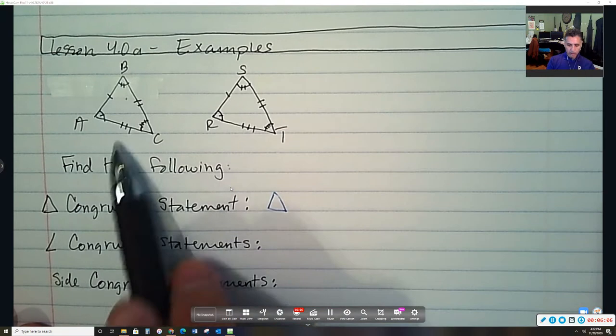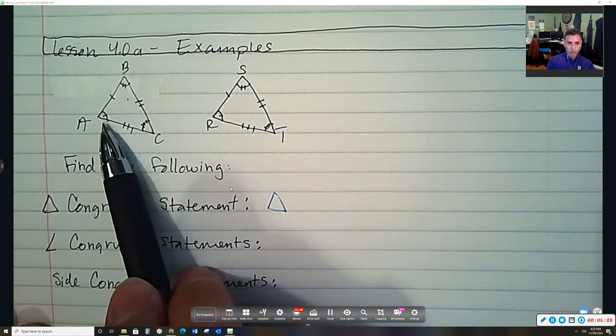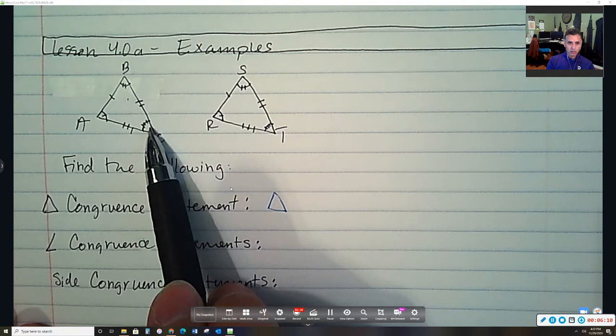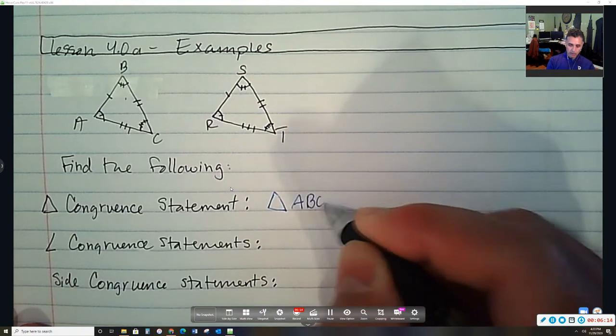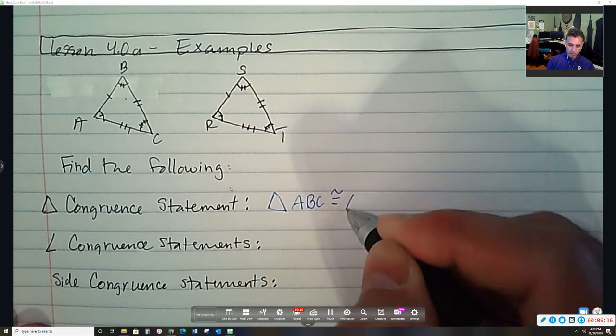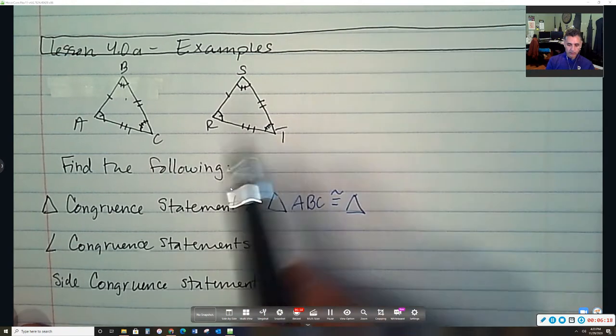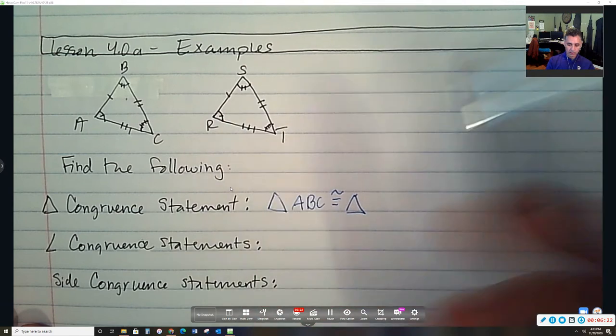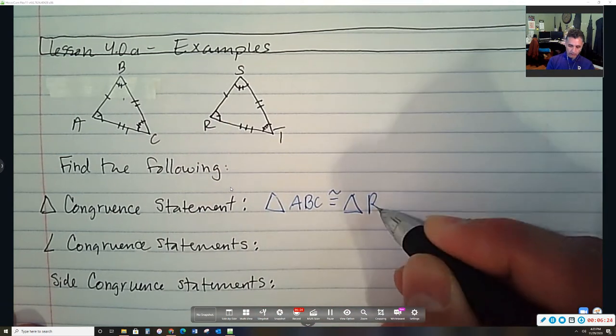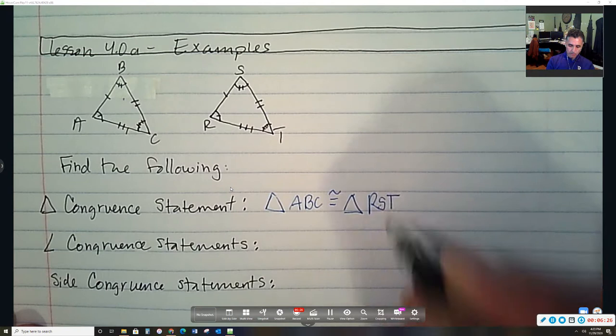So take the triangle on the left, and this one mark, 2 marks, 3 marks. Triangle ABC is congruent to triangle, and then again 1 mark, 2 marks, 3 marks, RST, and here we got lucky because it is in alphabetical order.